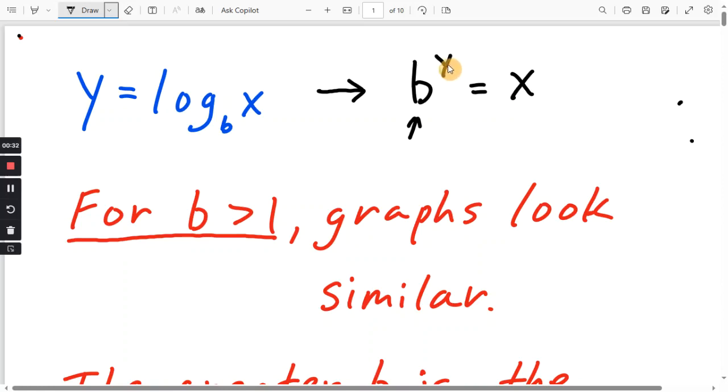The greater that y is, the greater that x is going to be. And regardless of the number b, as long as it's greater than 1, it's going to act the same for values of b greater than 1.